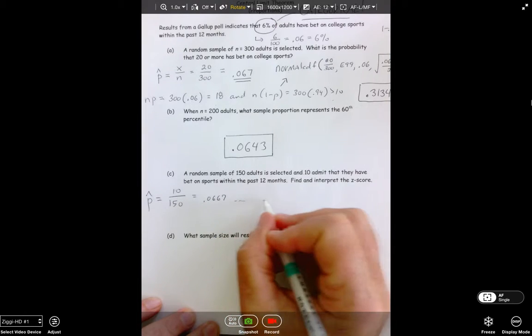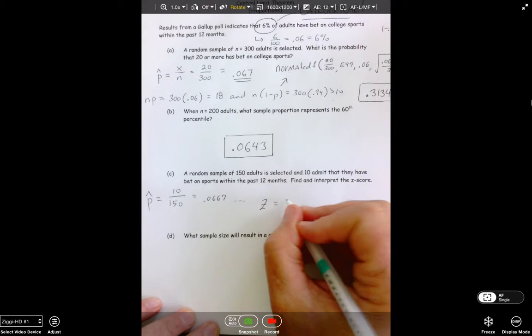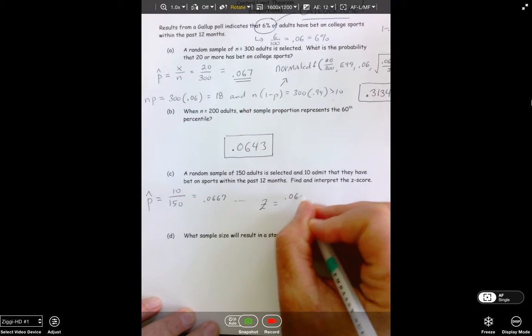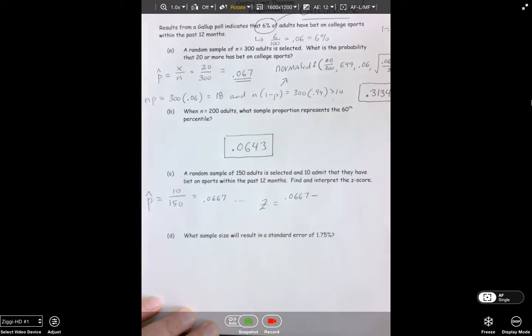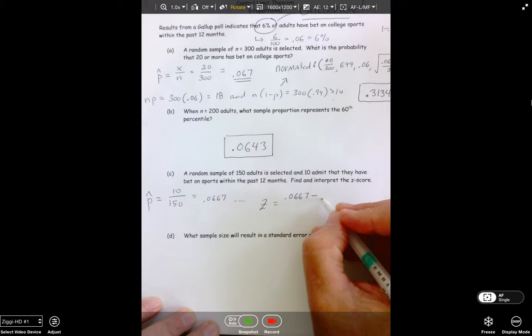So now what I can do is find my z-score, and I'm going to show you a way to do this in your calculator that makes it much easier, okay? So 0.0667, what was the mean? Well, that's the percentage we start with in these problems.